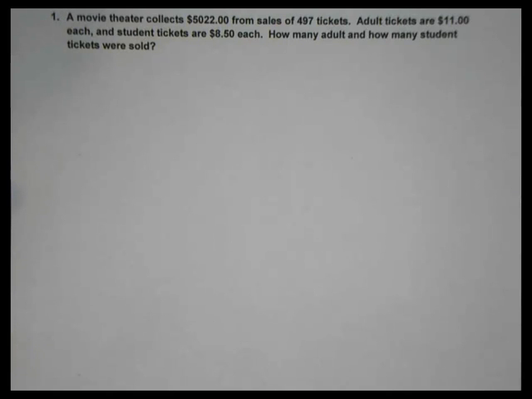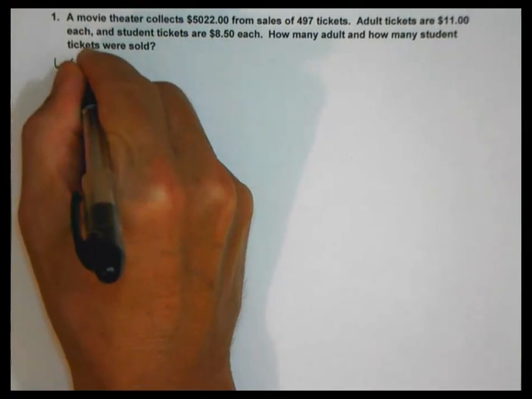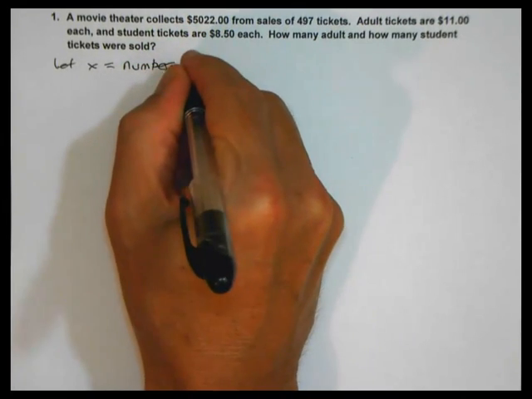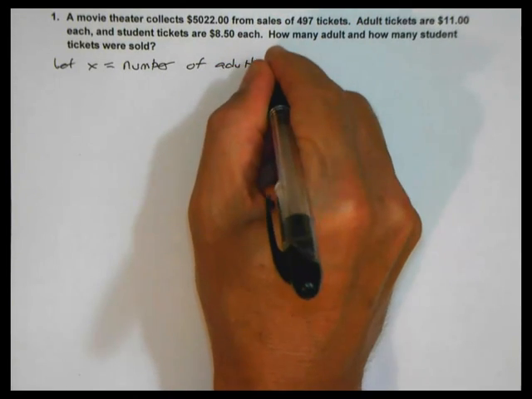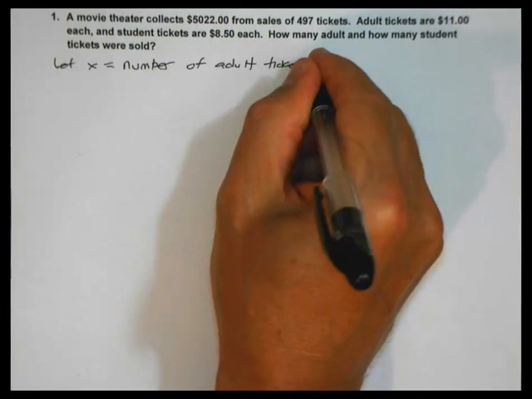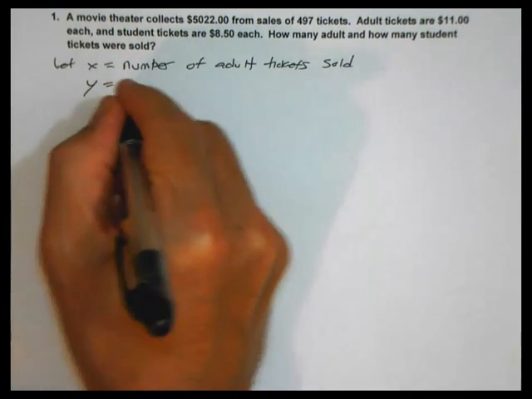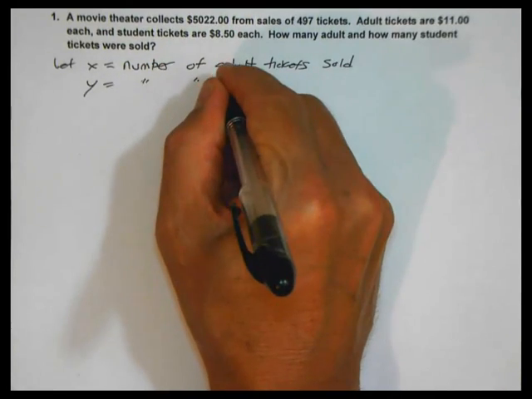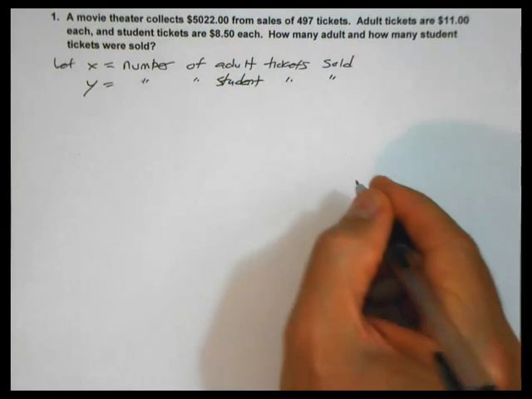Okay, let's see. For defining variables, probably go with something such as let x equal the number of adult tickets sold, and then y, can use little ditto marks here, number of student tickets sold.